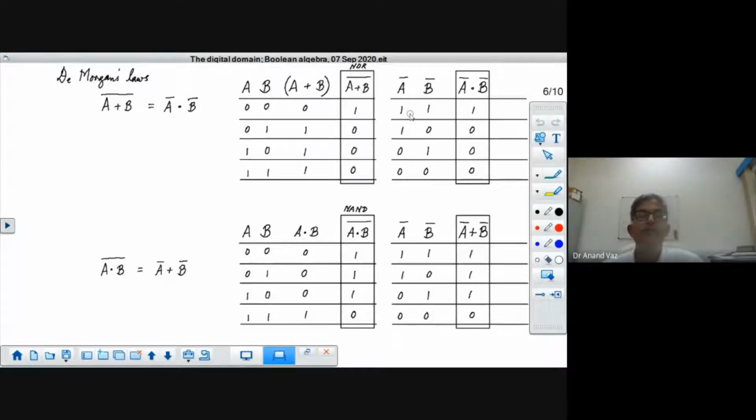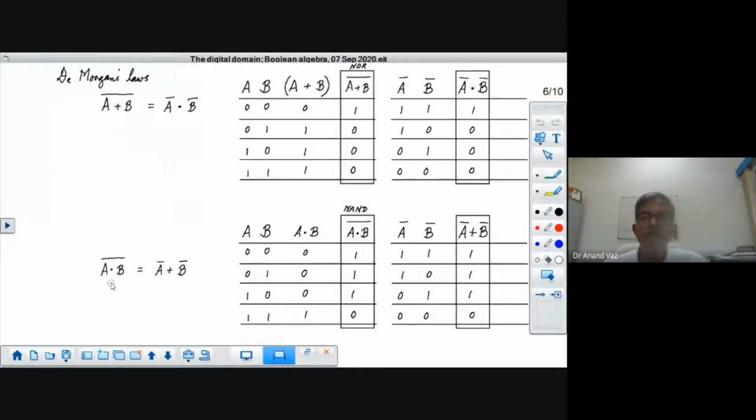On the right hand side, you need the complement of A and the complement of B, and you're just ANDing them. So 1 and 1 is 1. All the others are zeros. You can see that the left hand side and the right hand side are the same. So this law is verified.